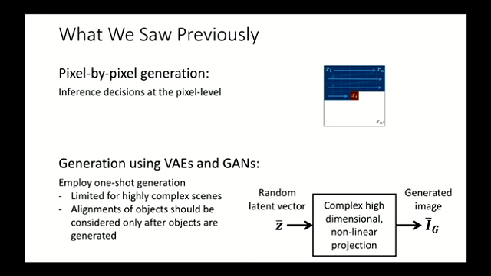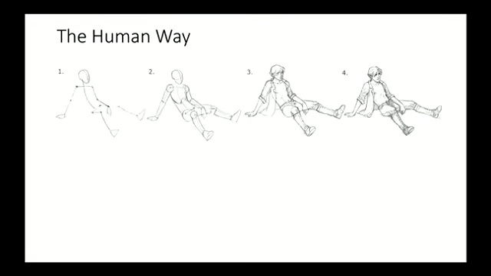To find out what is different, let's go back to basics. The human way. We understand how people generate images. So this is the flow. Let's pick 3 key attributes that enable us to follow this flow. First is attention. We can focus on one part of the image and develop it.